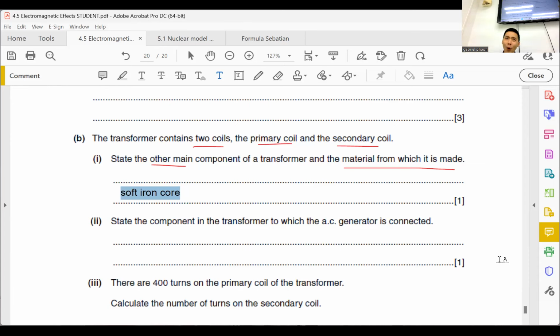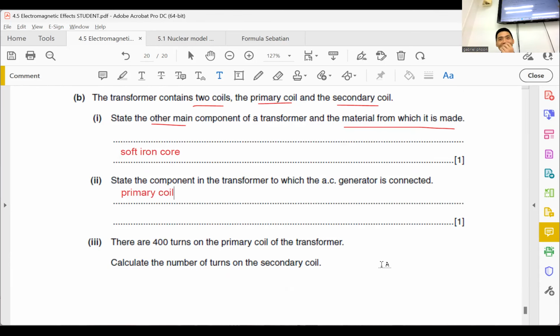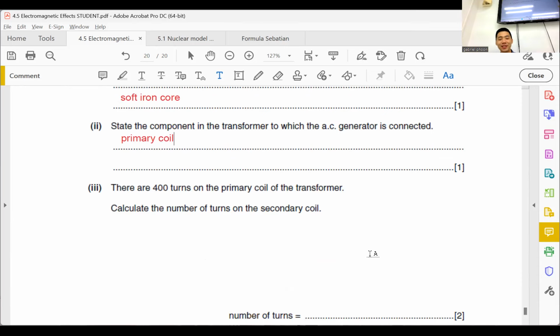Output. Output? You want me to beat you, Eugene? It's known as the primary coil, right? Yeah, which is the input. Why is it called output?